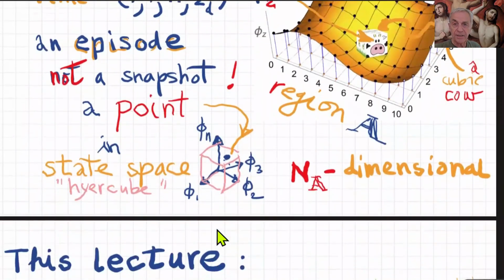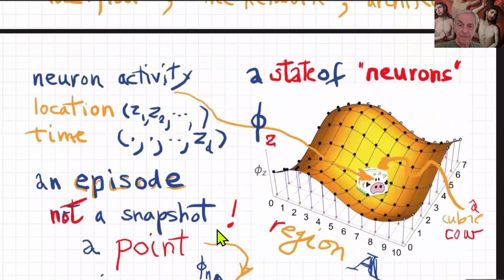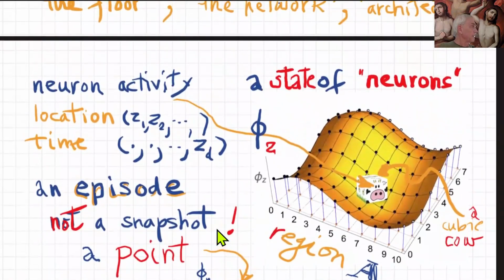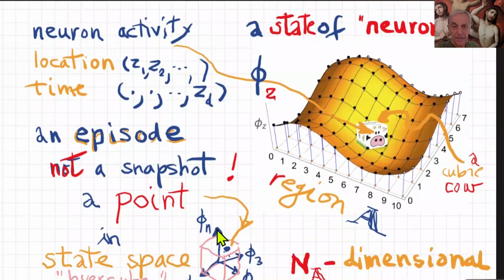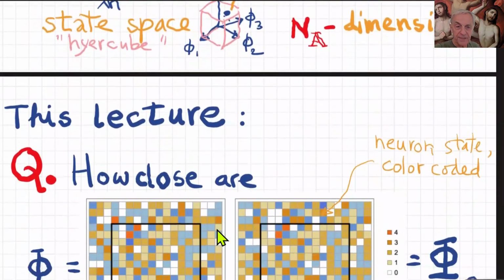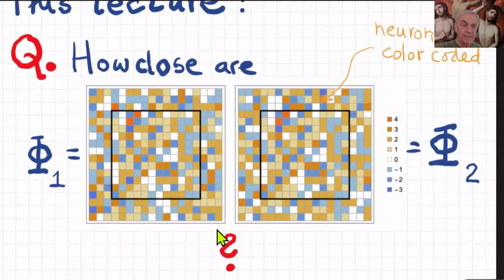So now this lecture is about the following question. This is very romantic, but what happens is I have this network and there's some activity all over the network. For example, instead of using the height and drawing the surface, which is a very rough surface, maybe it's easier to use a heat map, saying if it's red, it's very active, if it's blue, it's not active, etc. So I can think of this network as some kind of array.